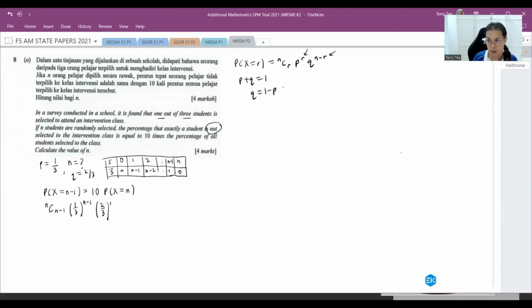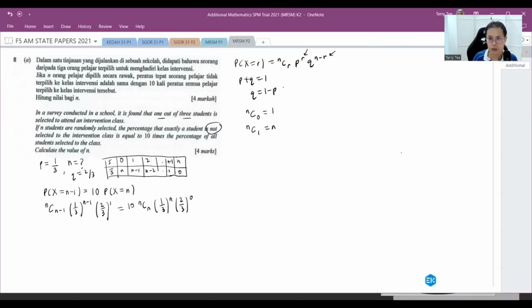So n minus 1 plus 1 will give us n. So this is 10 times nCn, p to the power n, q to the power 0. Okay, what we need is to simplify this further. Now, we know that nC0 is 1. nC1 is the same as n.